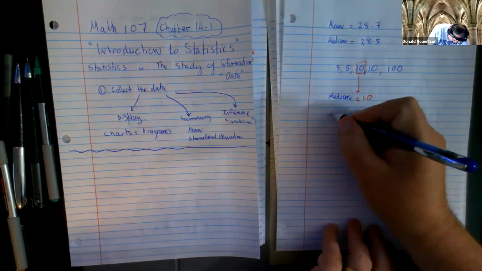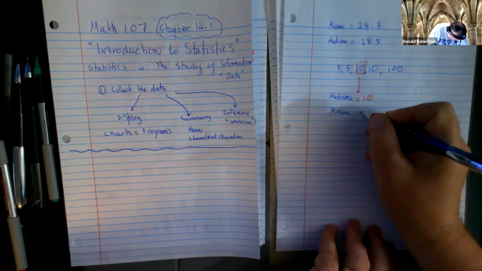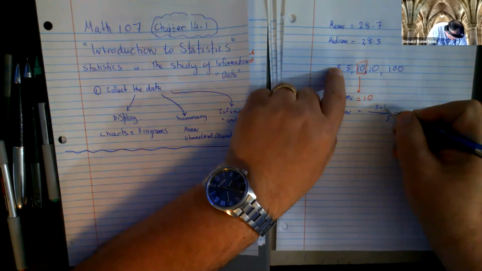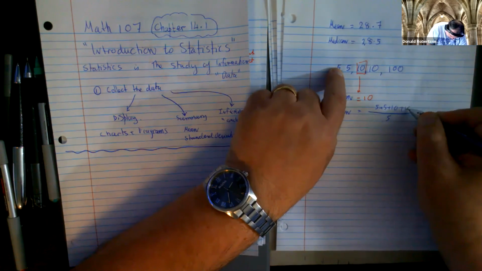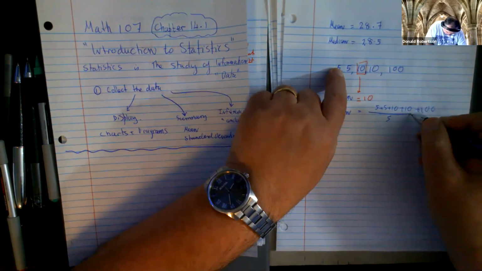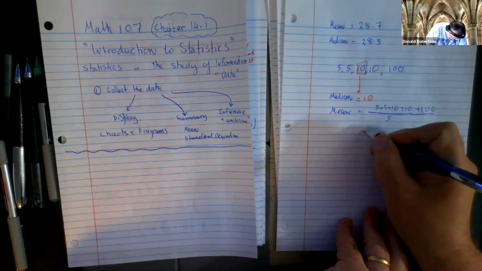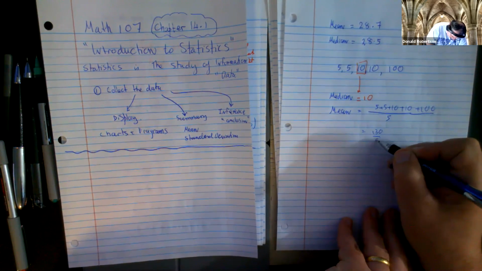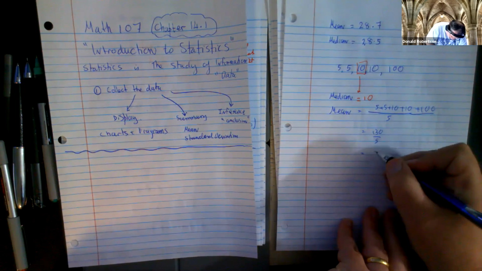If I calculated the mean, it would be 5, add 5, add 10, add 10, add 100. And that is 110, 20, 30. And that answer is 26.